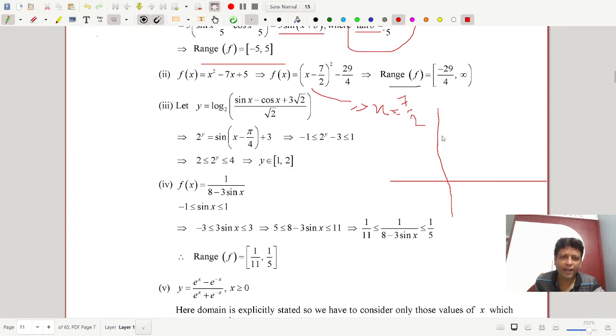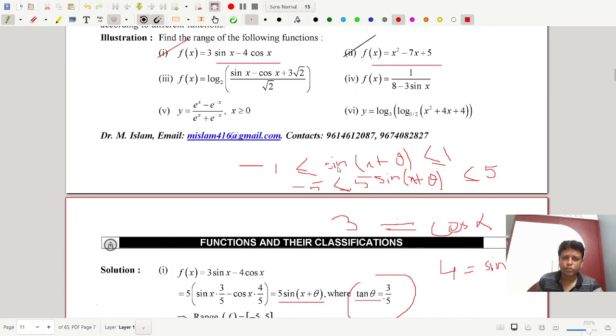You see, there is no upper limit, but you have a lower limit, minus 29 by 4. So this is actually minus 29 by 4 to infinity. Am I clear, everybody? Yes, sir. Okay.